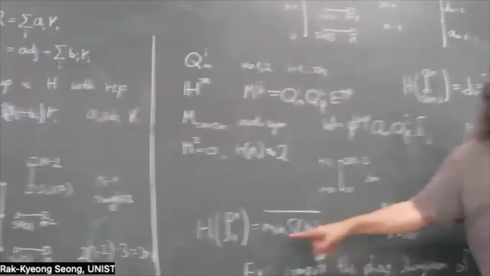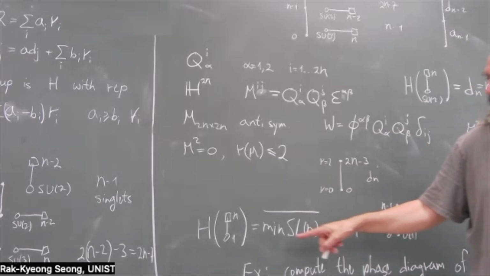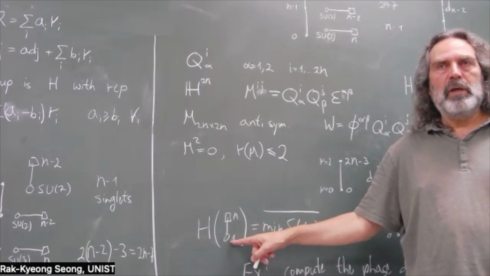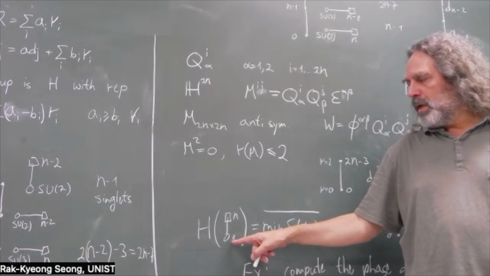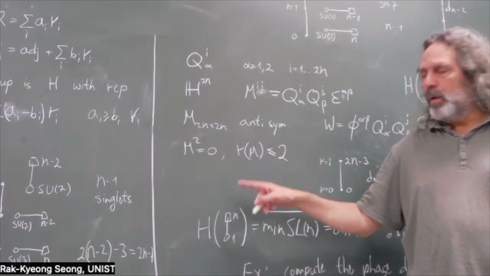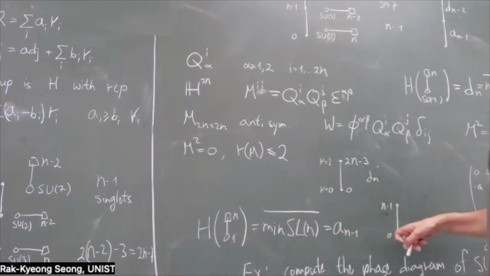The minimal nilpotent orbit of SL(N+1). We said here that the Coulomb branch of this quiver is the Klein singularity. And we also computed that the Higgs branch is the minimal orbit.